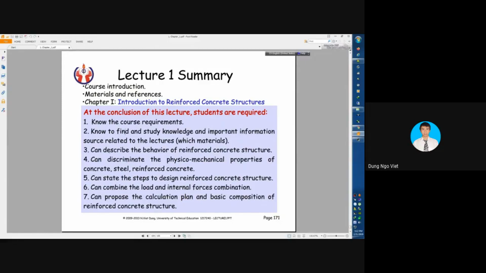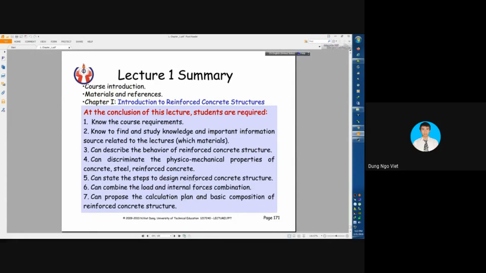And you can describe the behavior of the reinforced concrete structure. And you are required to discriminate the physical-mechanical properties of concrete, steel, and reinforced concrete. And you are required to state the steps to design reinforced concrete structure. That means the 7 steps.